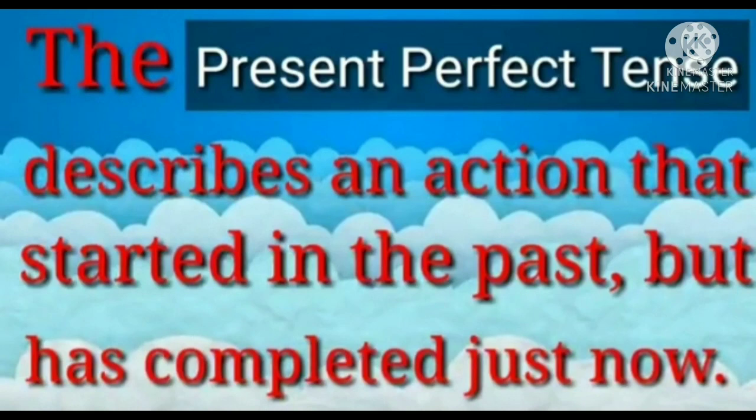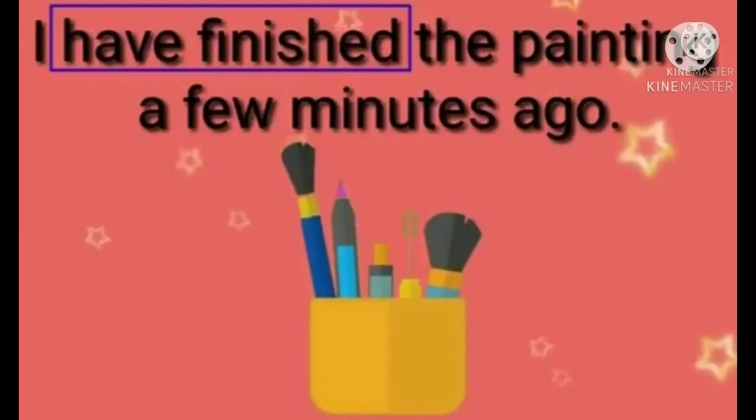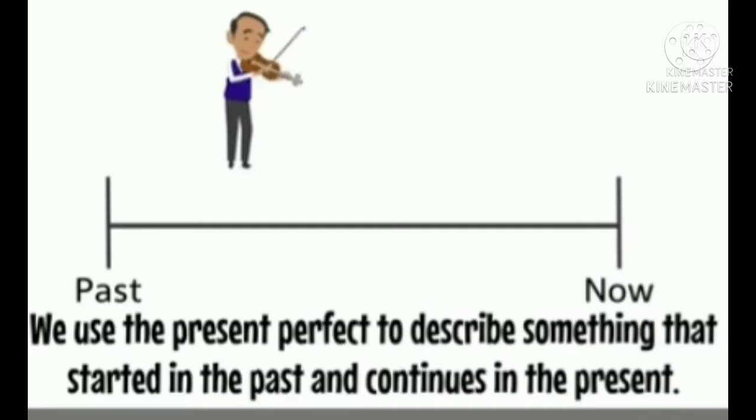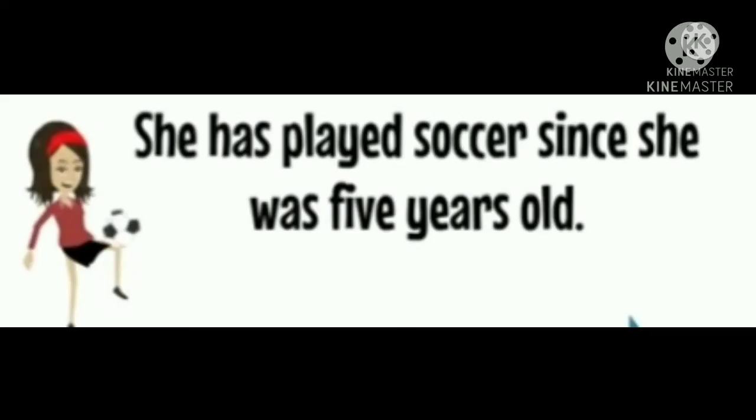Present perfect tense describes an action that started in the past but has completed just now. For example, I have finished the painting a few minutes ago. The present perfect is also used to describe something that started in the past and continues in the present. For example, she has played soccer since she was 5 years old.